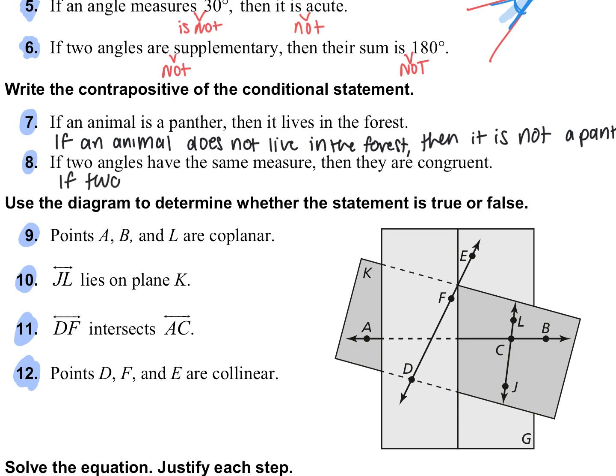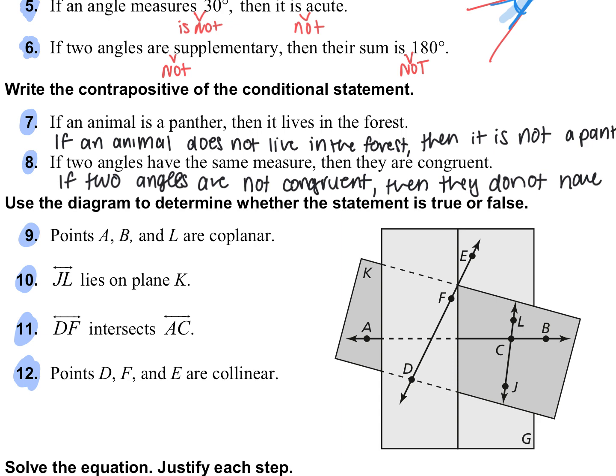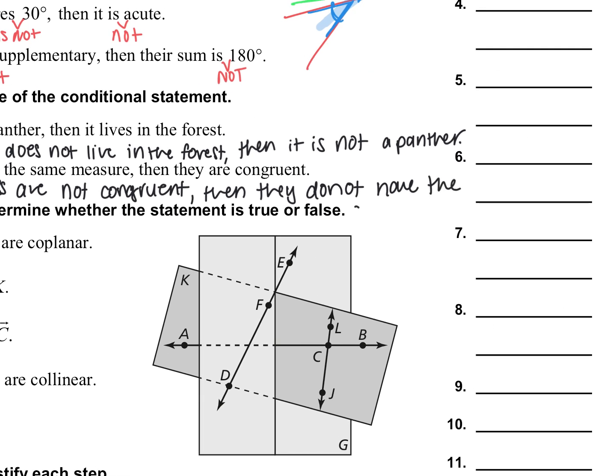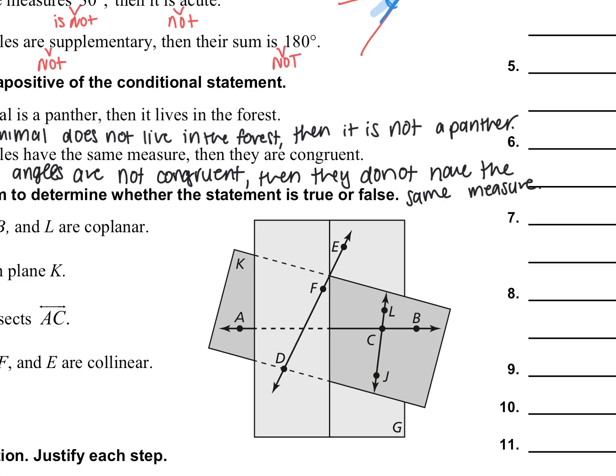If two angles are not congruent, then they do not have the same measure. Good.